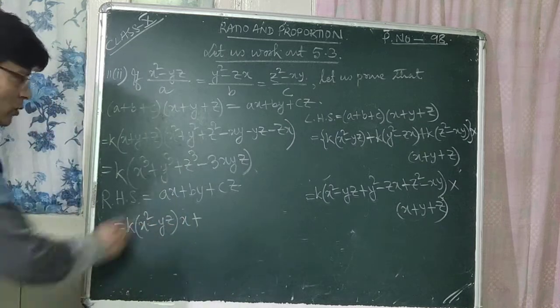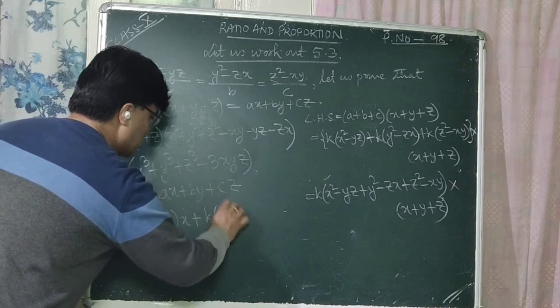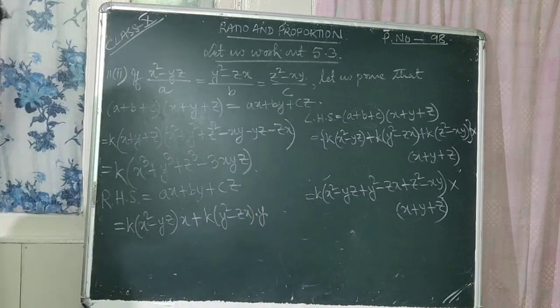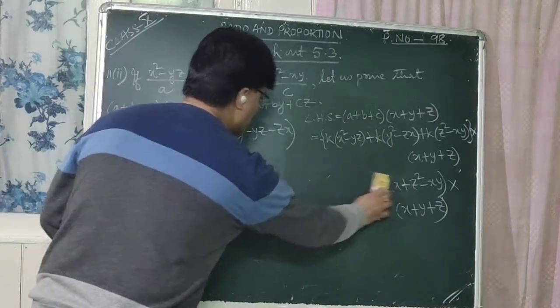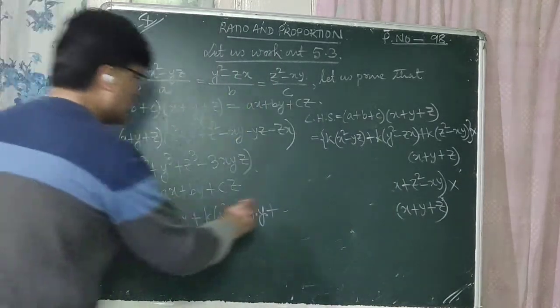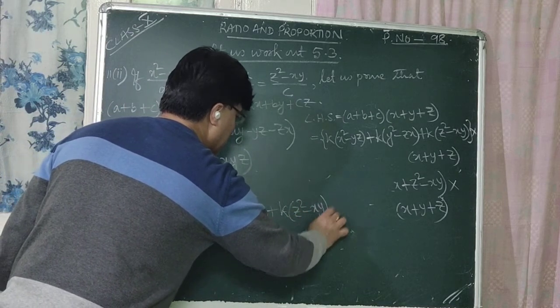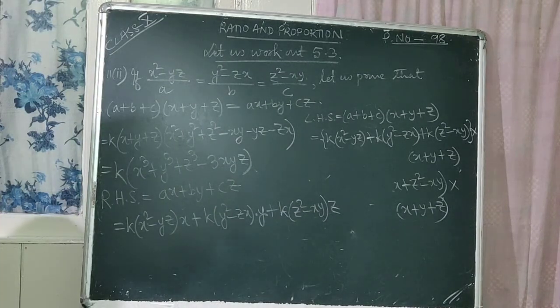What was the value for B? k into (y² − zx) into y. Next, plus, what was C? C was k into (z² − xy), and z is there. Is that clear now?